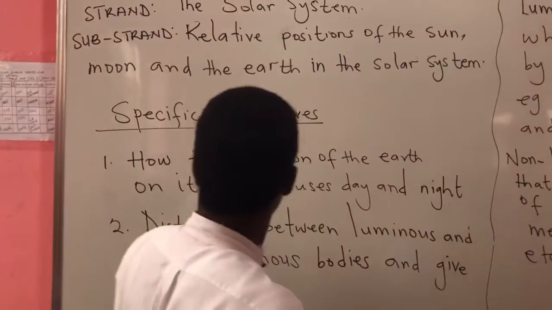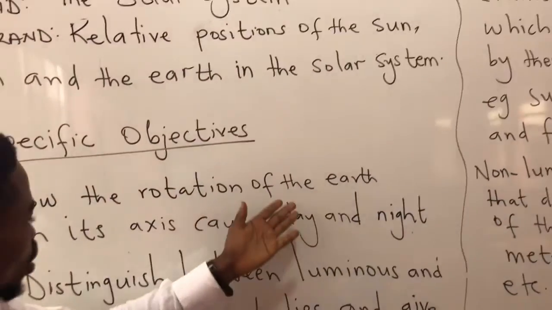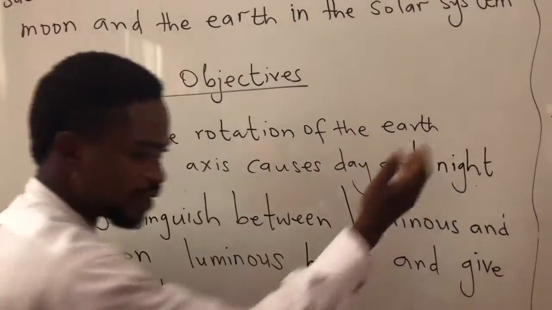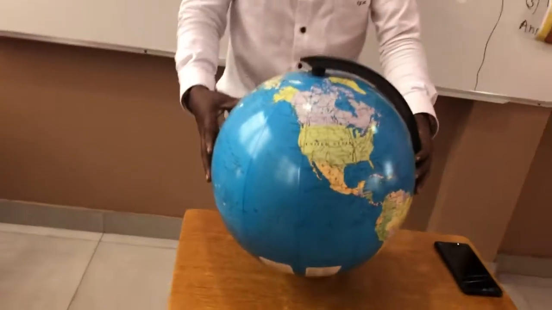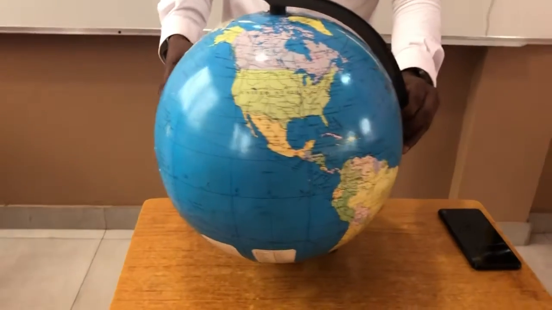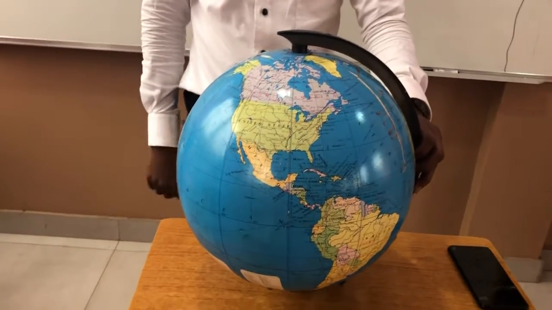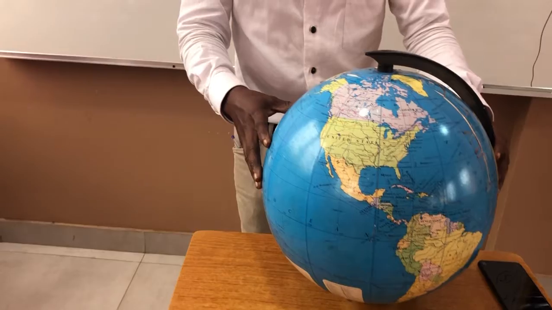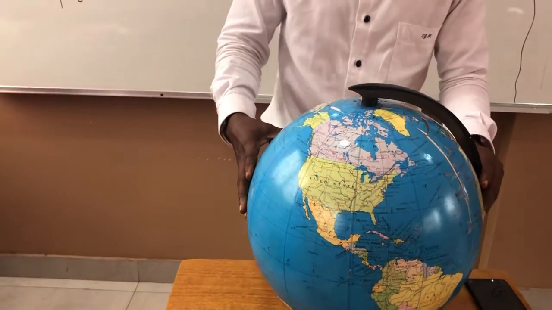Now, today, we are going to look at how the rotation of the earth on its axis causes day and night. Before then, let us look at this object. This is what we call a globe. Now, we look at the earth as one of the planets on which we live.